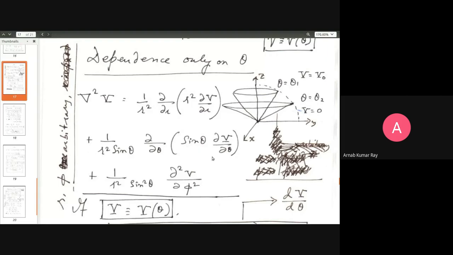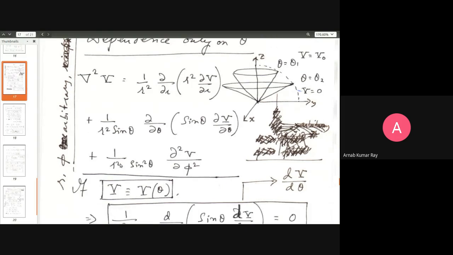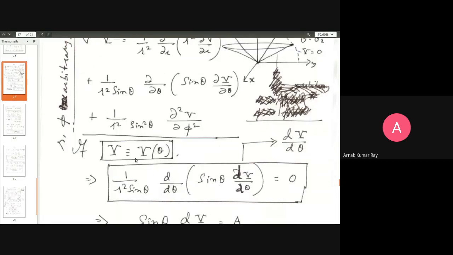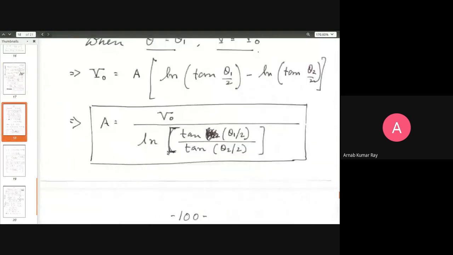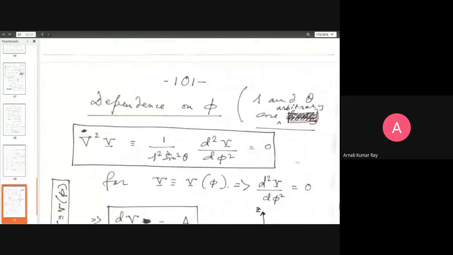If V depends only on phi and not on r and theta, then del V del r will be 0, del V del theta will also be 0. So these parts will go away, and you'll just be left with 1 upon r squared sine squared theta del 2V del phi squared. So the Laplacian will be reduced to this specific form as per the nature of the problem. Del squared V is 1 by r squared sine squared theta d2V d phi squared is equal to 0.